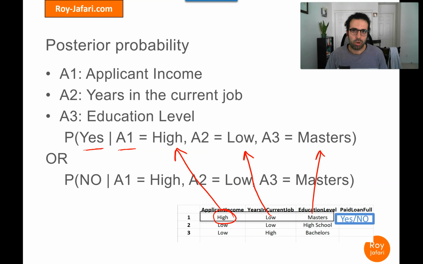They're not dependent on one another, which we know is not correct. So we are making an assumption here, and that's why we call it Naive Bayesian. We'll talk about that a little bit further down in this video. But anyway, let's move on.